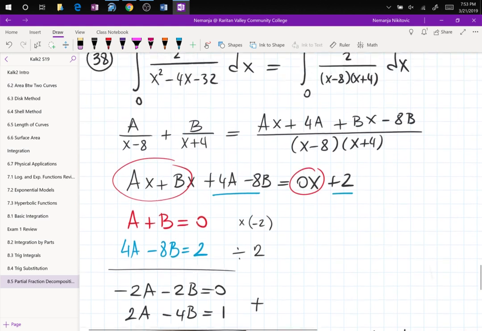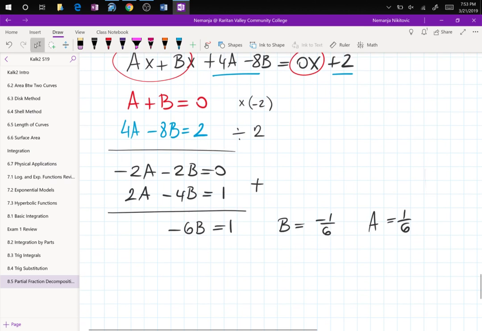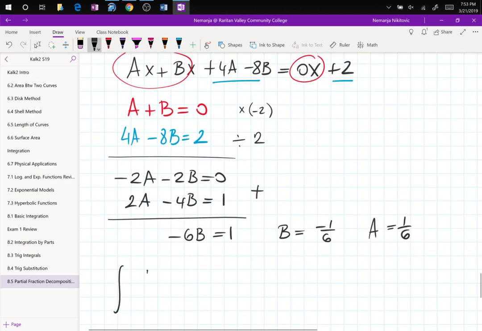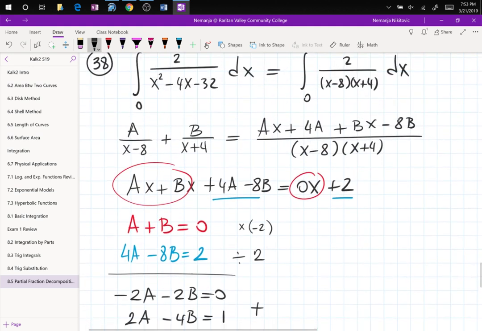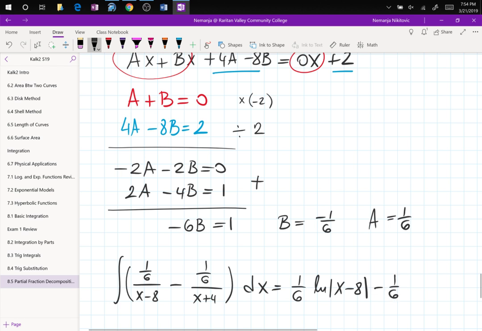So now I have A, that's 1 over 6. So the integral of 1 over 6 over x minus 8 minus 1 over 6 over x plus 4 dx equals 1 over 6 ln absolute x minus 8 minus 1 over 6 ln absolute x plus 4 plus c.